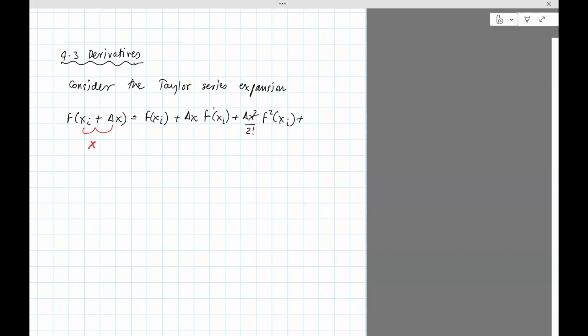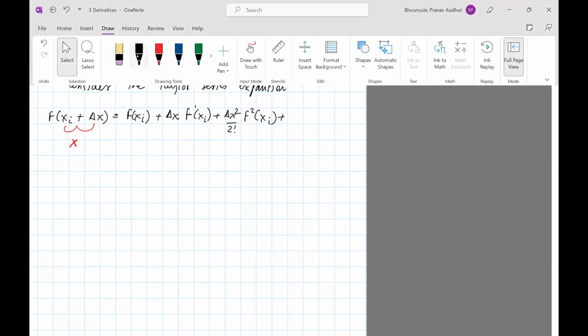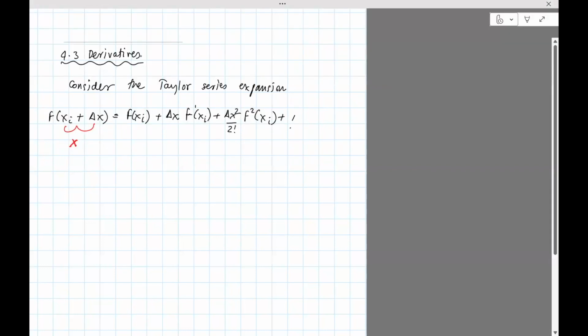Let me move it to the left so I can fit it in one line. Yes, that's my equation one. I'll be using it over and over again today.